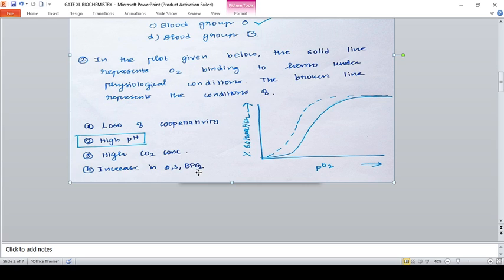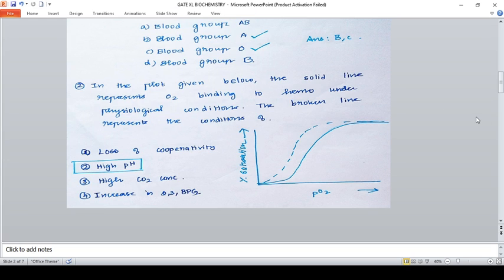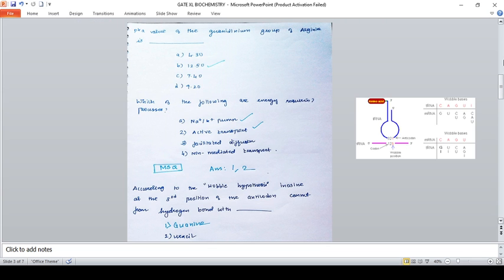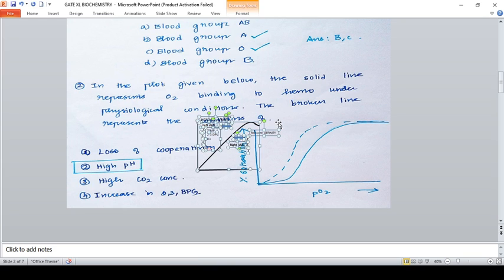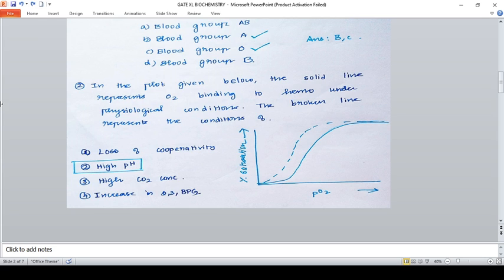Next, in the plot given below, the solid line represents oxygen binding to hemoglobin under a physiological condition. The broken line represents the condition of. You should know it is an oxygen binding curve and there is a right shift and a left shift. Let me give you a few explanations which will be very helpful for you, and you can keep these references for your CSIR also.